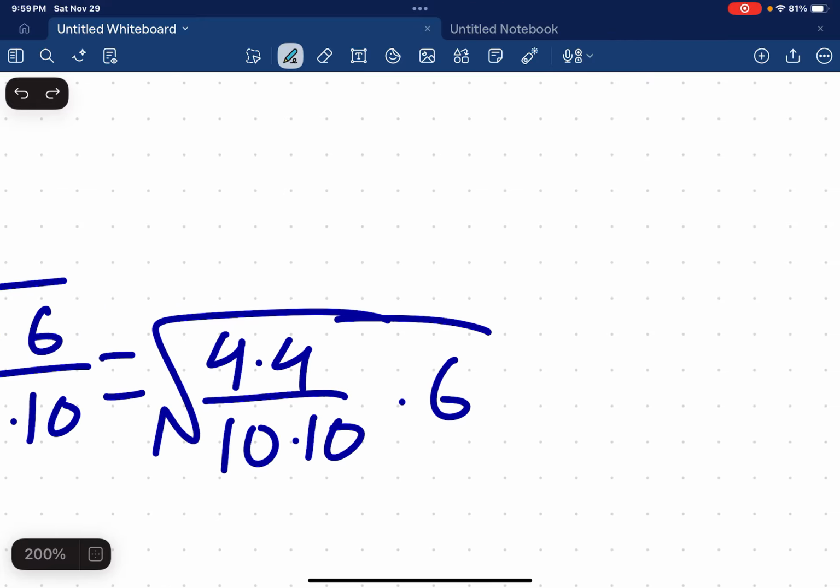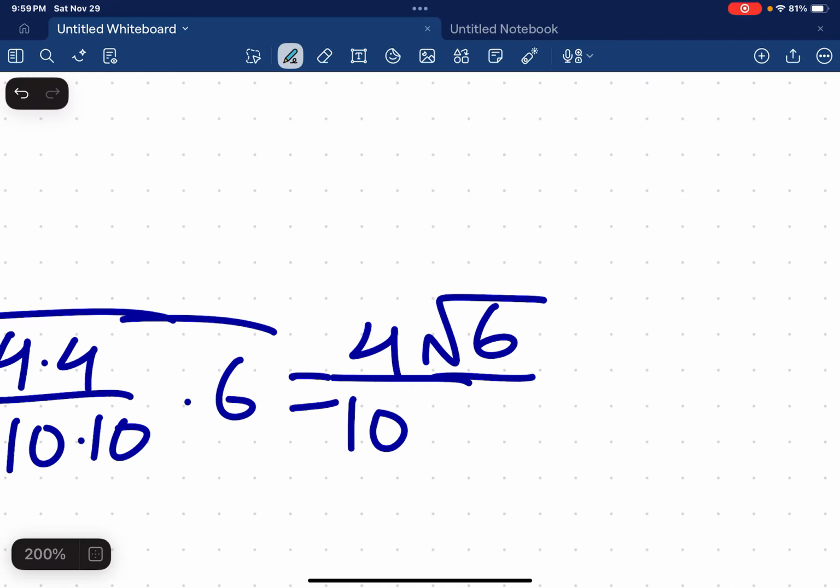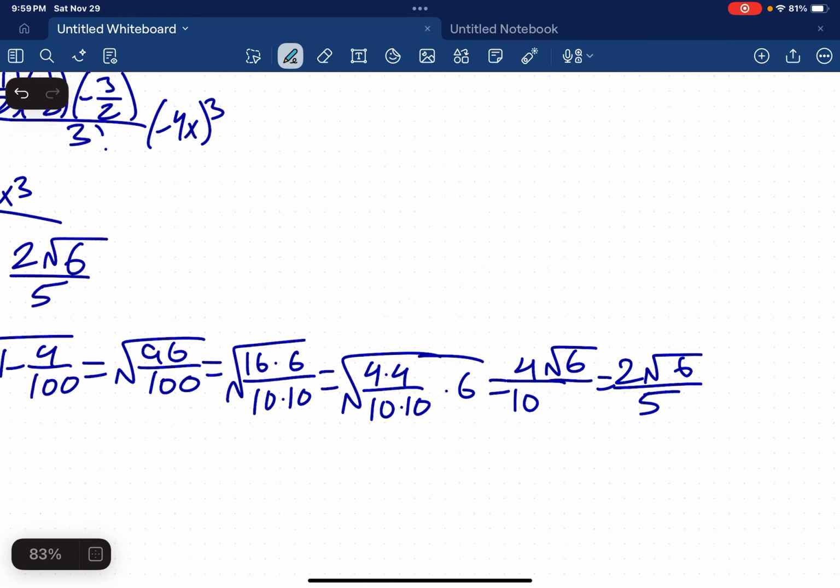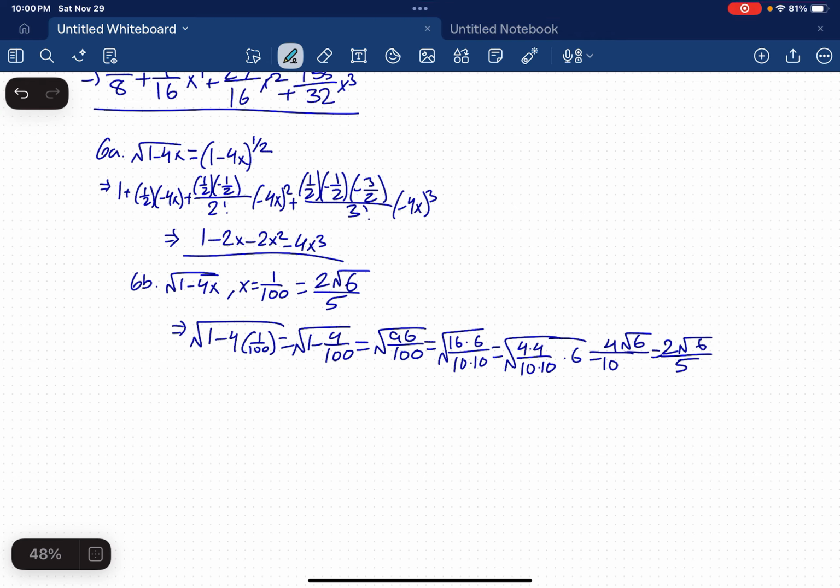We can leave that 6 in there and get 4 divided by 10 times the square root of 6, which just simplifies to 2 times the square root of 6 over 5. Okay, easy peasy.